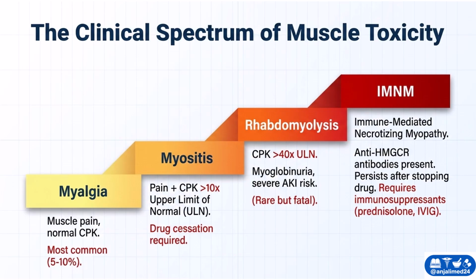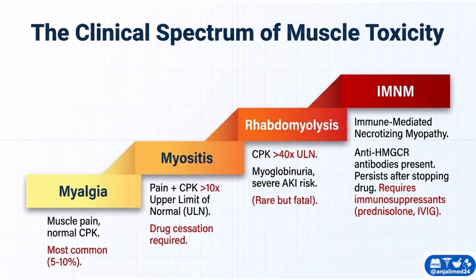Moving further, we can reach rhabdomyolysis, a serious condition with massive CPK elevation, myoglobin release, and a real risk of acute kidney injury. It's rare but potentially fatal. And finally, the most severe and unique form, IMNM, or immune mediated necrotizing myopathy. This one is tricky.